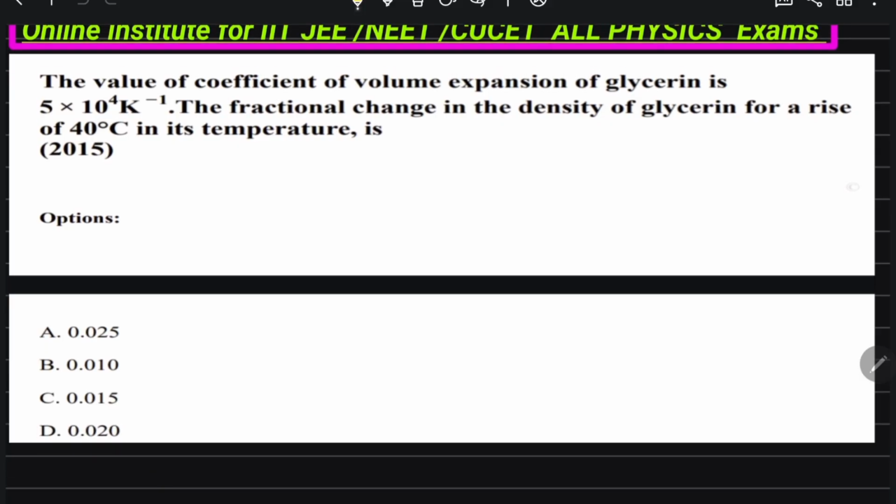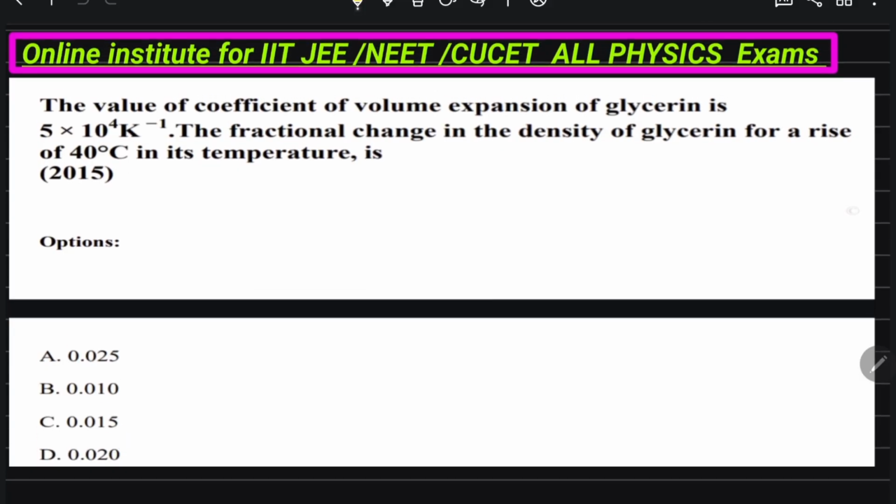Now I proceed to the next question. The value of the coefficient of volume expansion of glycerine: they have given the fractional change in density of glycerine for a rise of temperature of 40 degrees Celsius.